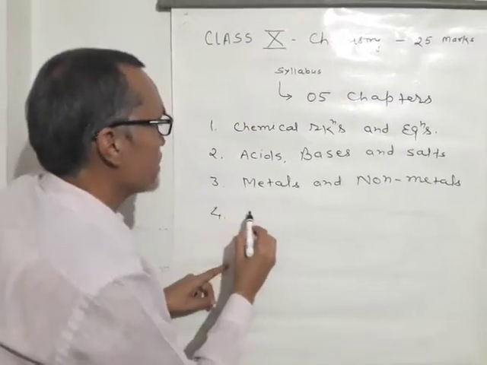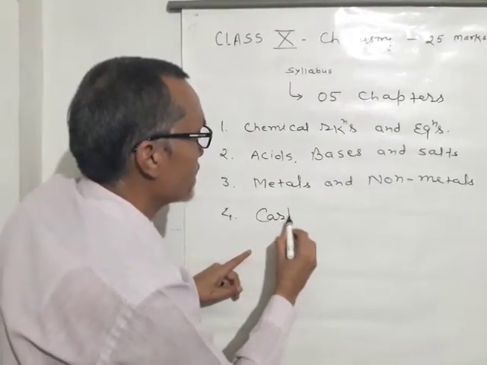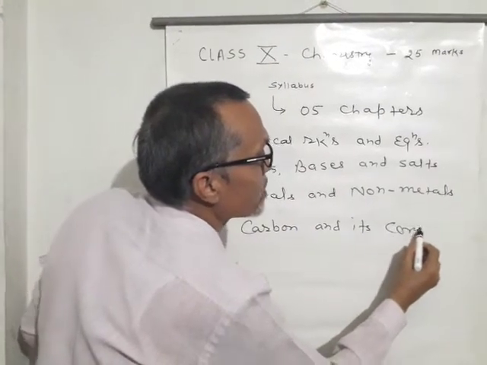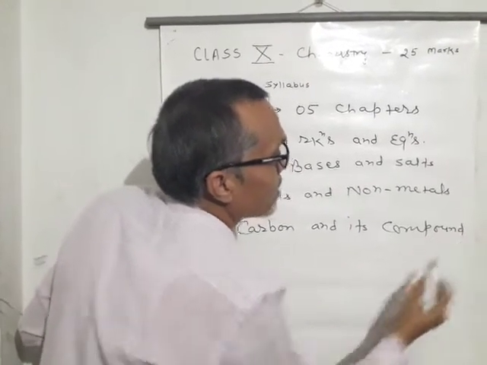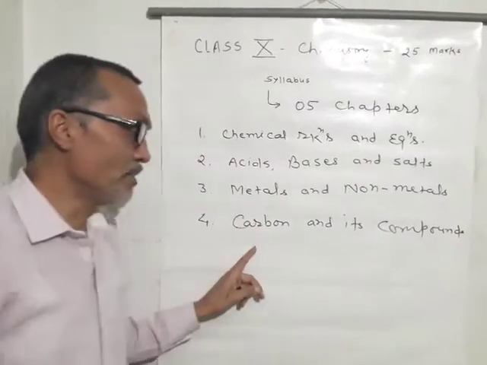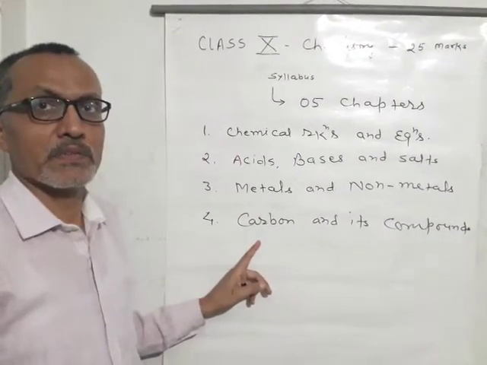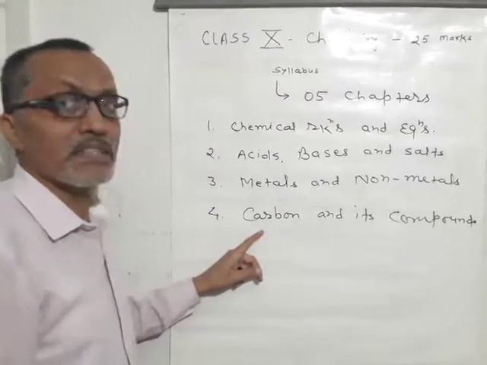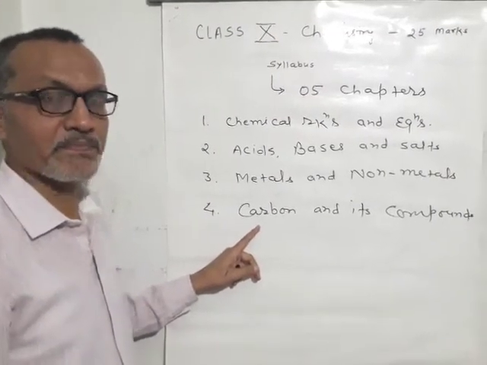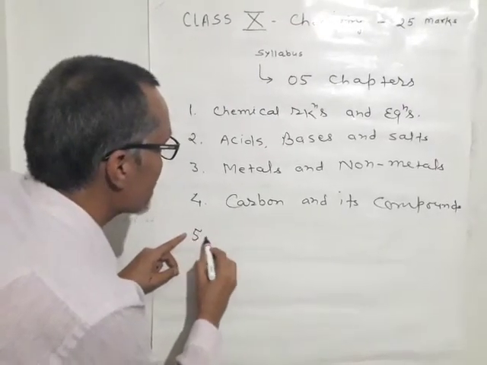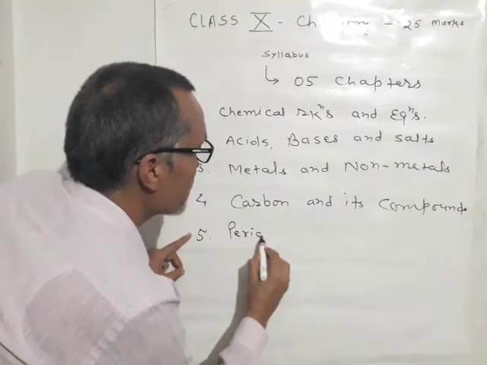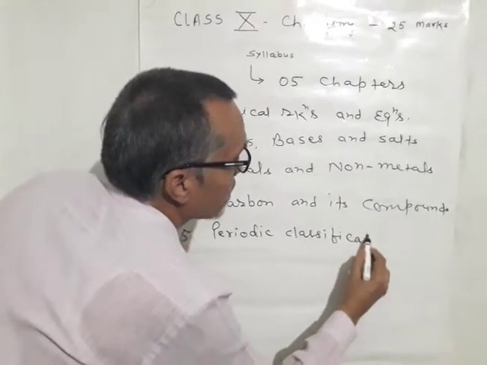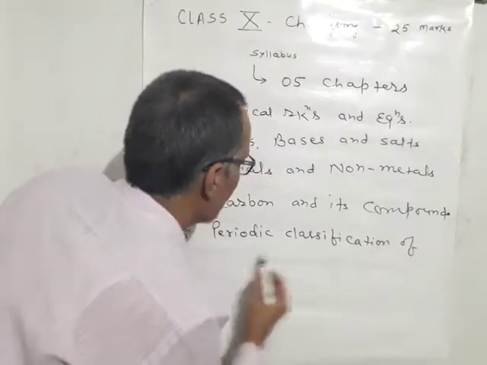Fourth chapter is carbon and its compounds. This will be a new chapter for you. I will discuss separately about this chapter in the second term exam. And last chapter is periodic classification of elements.